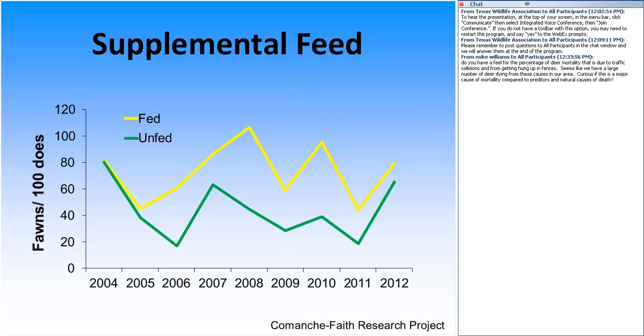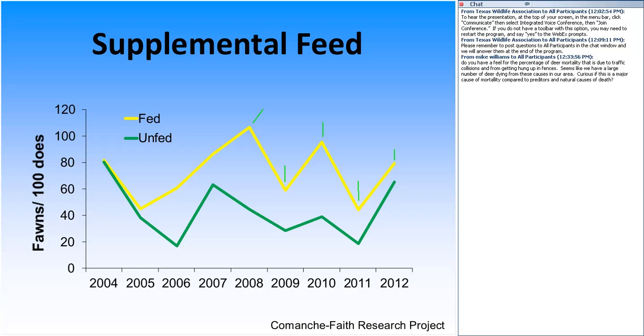But one thing that really jumped out at us from these particular data is that even when you start providing supplemental feed, you still get a lot of variation from year to year in fawn production. And this wasn't a subtle supplemental feed program. In these enclosures, we had 2 ad-lib feeders in the center of each enclosure.